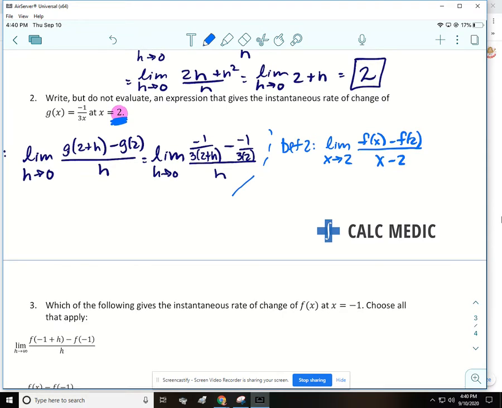I don't really have room over there, so I'm going to go underneath and plug in what I need. So f of x is -1 over 3x. f of 2 is -1 over 3 times 2. And on the bottom, I'm just going to leave x minus 2.